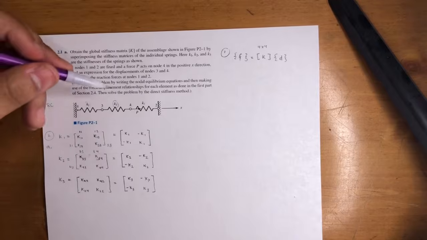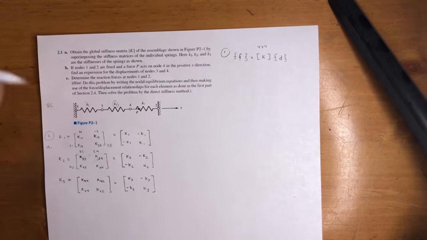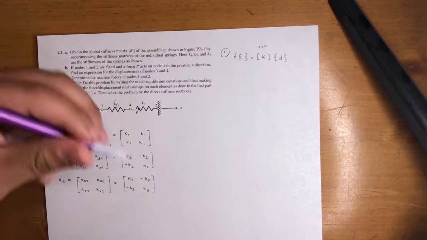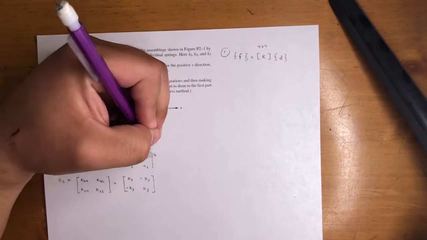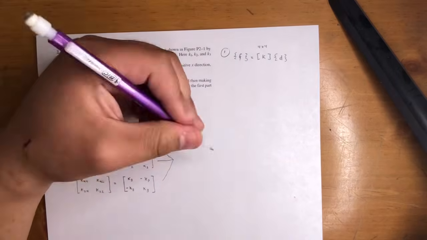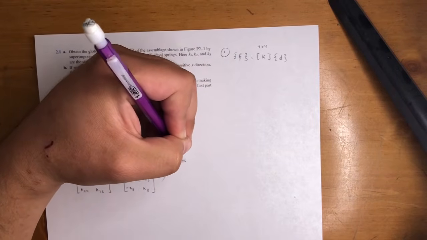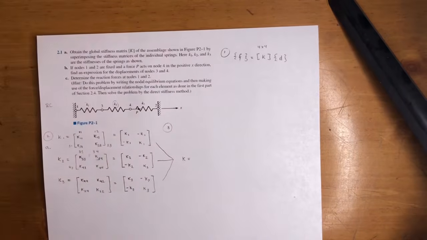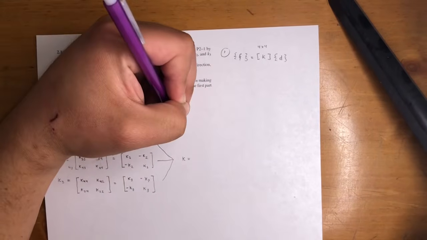All right, cool. So now that we did all the, I call them mini matrices for the springs, now we could assemble them all into one huge matrix. So it's gonna be like this. K is equal to this, step 3, global stiffness matrix. I'll just write global.